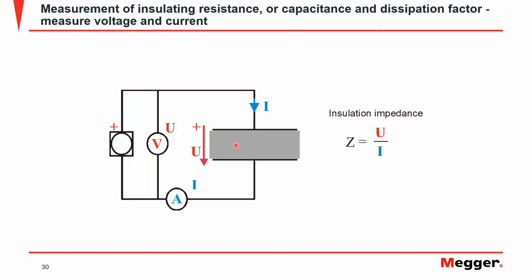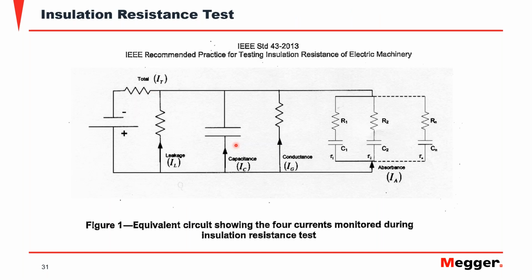Again, I'm not going to go in depth into AC testing. I'm simply going to discuss DC testing. Now, when it comes to the insulation, I call this topic a deceptively simple one. It seems very simple, right?